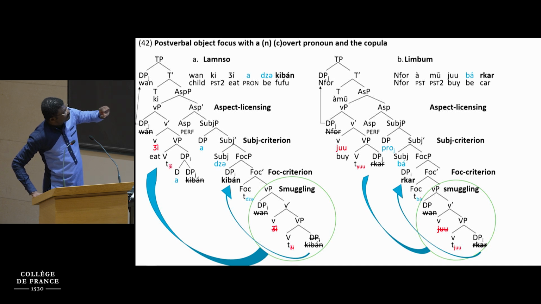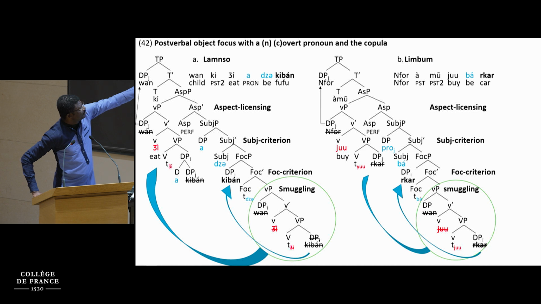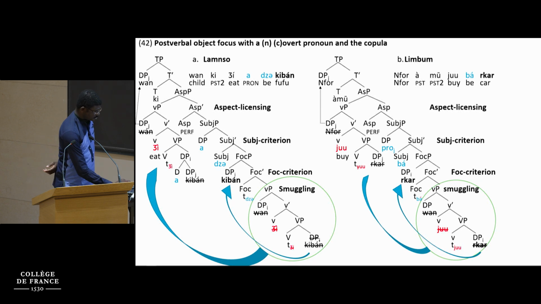The first thing you have to do here is take the object, send it to the spec of foc, and with head movement of the copula, you remain with the VP containing the lexical subject and the verb, and you send it to the specifier of the aspect. So normally this pronoun here should not be spelled out.